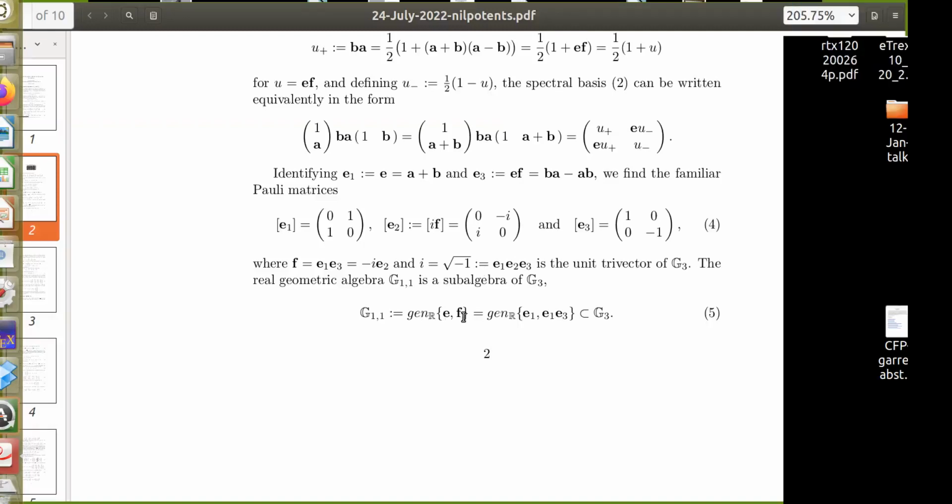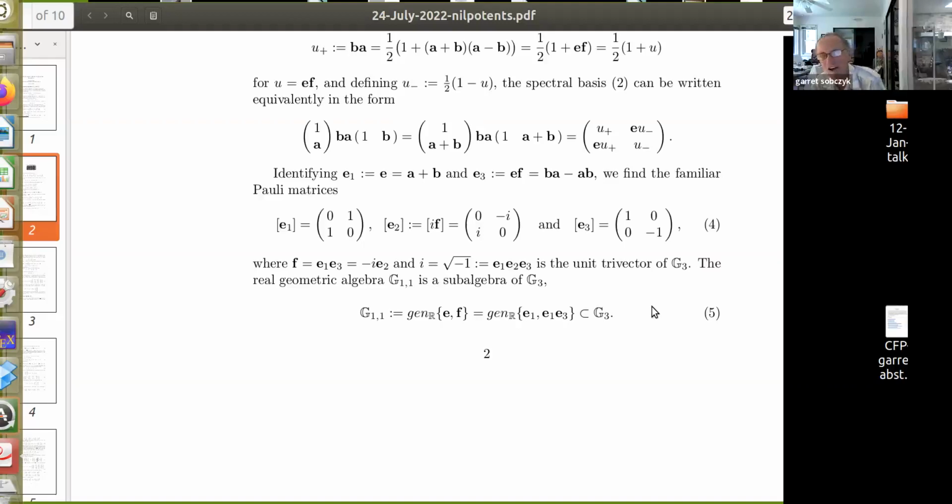Excuse me, Professor Garret, but here our identification of this is, I think, in one sense arbitrary, because how can I identify necessarily E2 with IF?